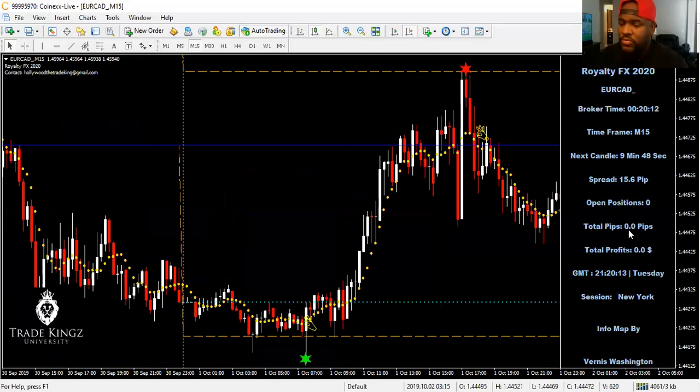And that's, if you have 10 positions open, it's going to calculate all the pippage, right? It's going to calculate the total pips among all positions. Same with the total profit. It's really the same exact thing. You got your GMT time here, tells you the date, which is Tuesday. So now, well, today is Monday, but of course this is the Asian session, so it updates.